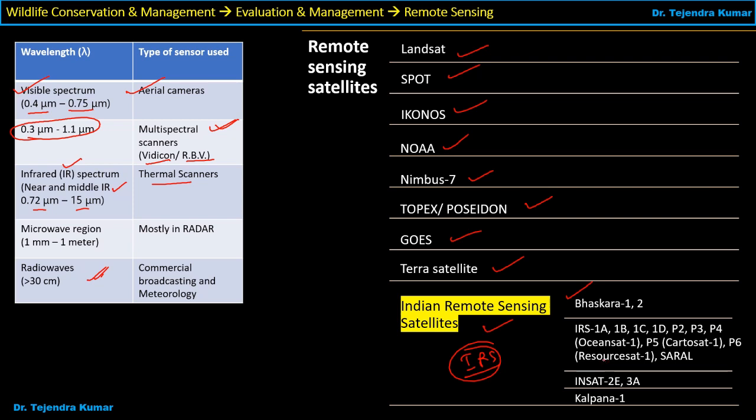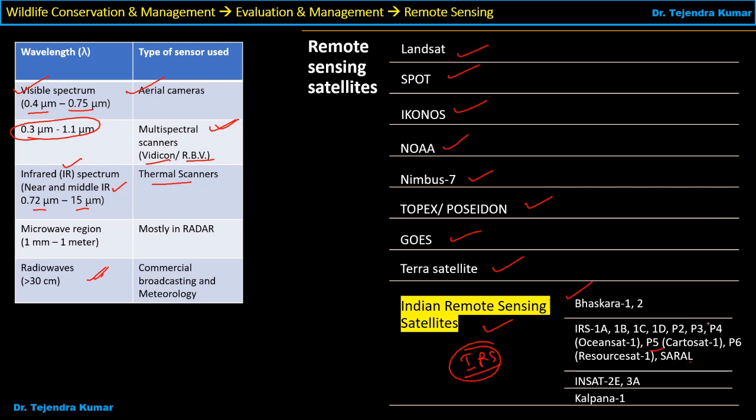I have just taken a few examples of the Indian remote sensing satellites, which are Bhaskara 1 and 2, IRS 1A, 1B, 1C, 1D, P2, P3, P4. P4 is called OceanSat 1, and after that many other satellites were also released. P5 Cartosat 1, P6 Resourcesat 1, Saral.